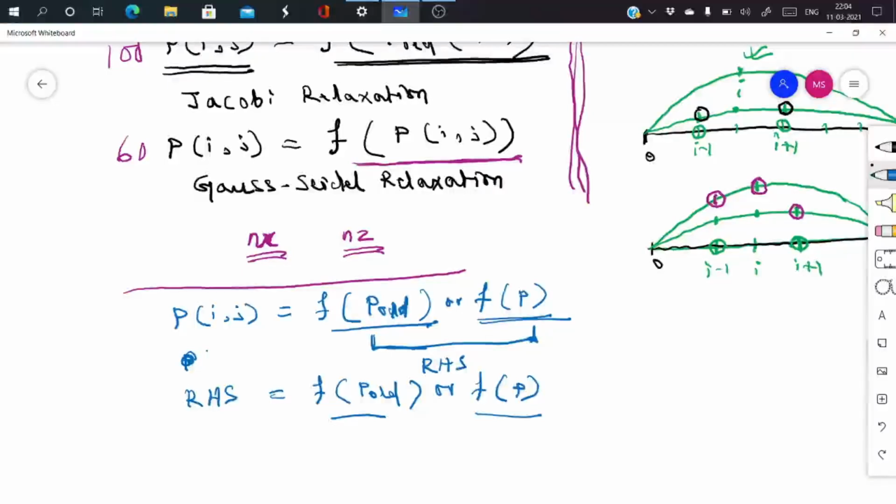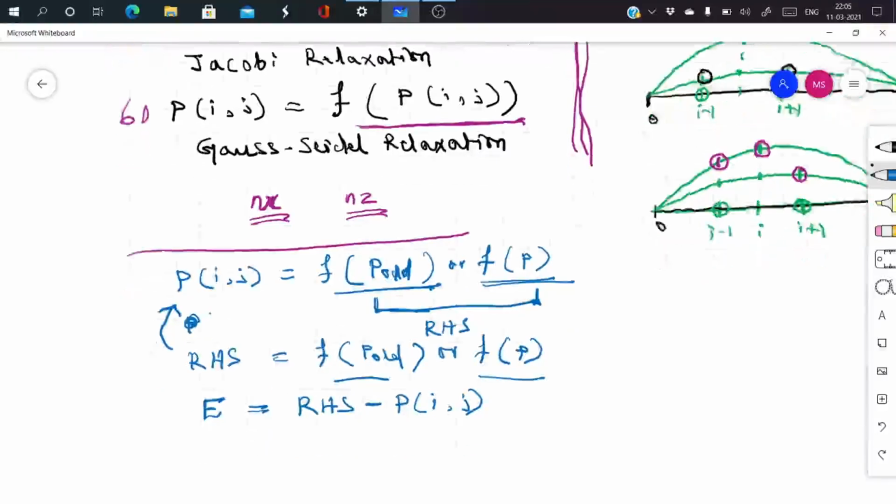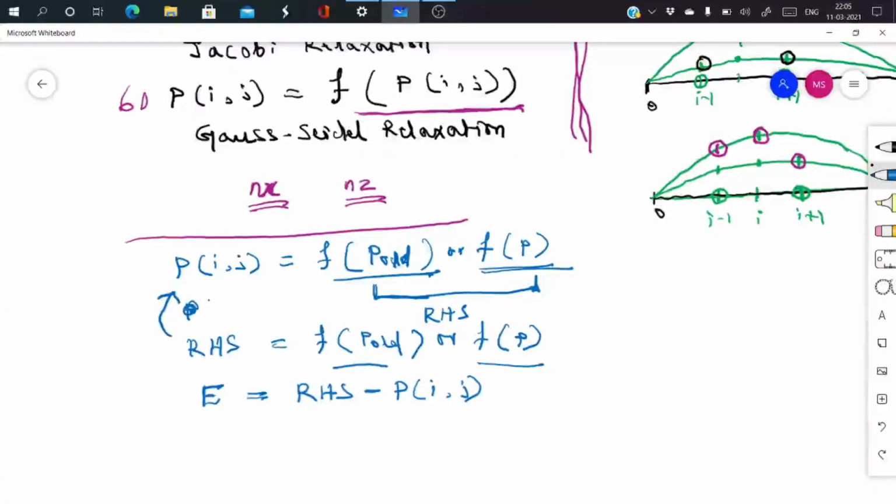Now this RHS, which earlier we used to treat as Pij, we will not treat as Pij. What we will calculate is one error, equal to RHS minus Pij. Now then what is Pij?